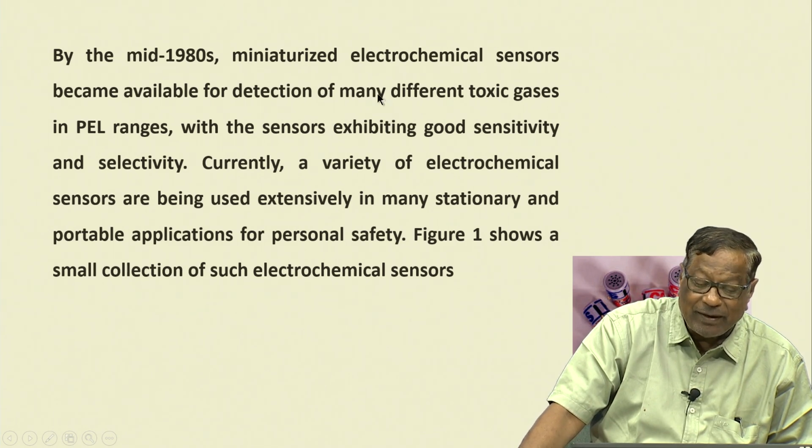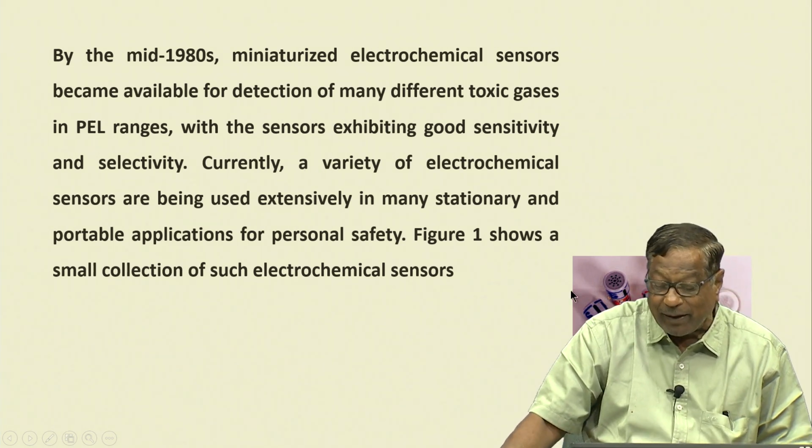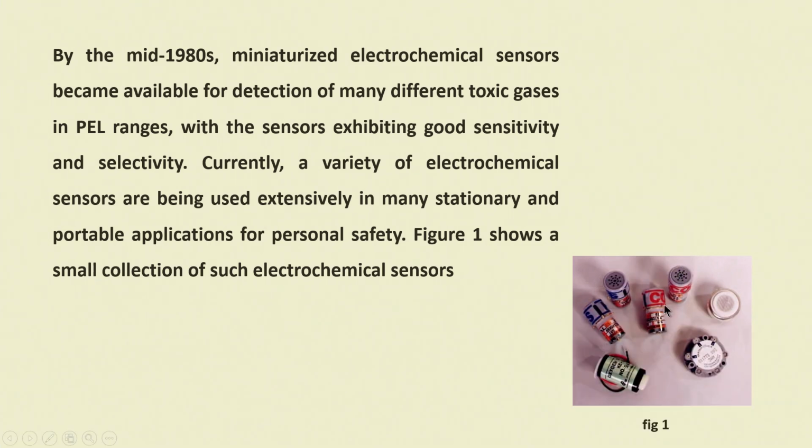So, miniaturized sensors are available and I have shown them here. You can see the sensors here, very small sensors, maybe about 5 centimeter, and this could be about 10 centimeter. Here these are all 2 centimeter, and such sensors are very easy to fit in electrochemical circuitry, and they can show you the data on a display screen wherever you are sitting, at some other distance.